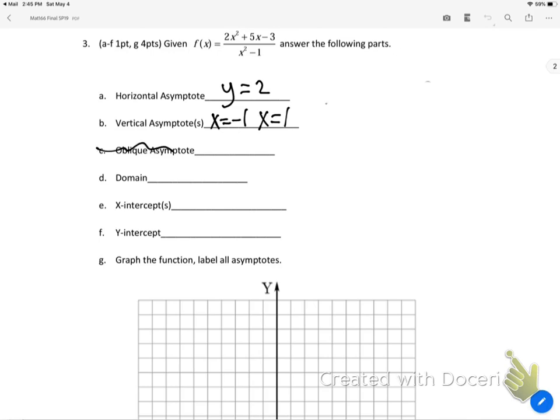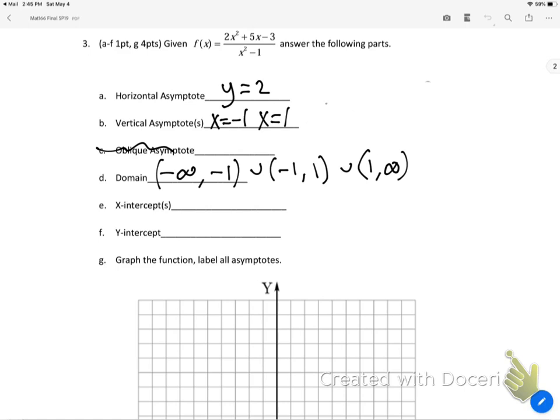Right, there is no oblique asymptote. The domain, well, the domain of this is just negative infinity to negative 1, and then negative 1 to positive 1, and then 1 to infinity. We've basically already got it here because we answered the asymptotes, okay?